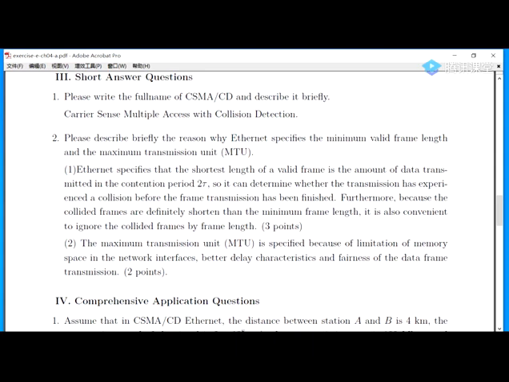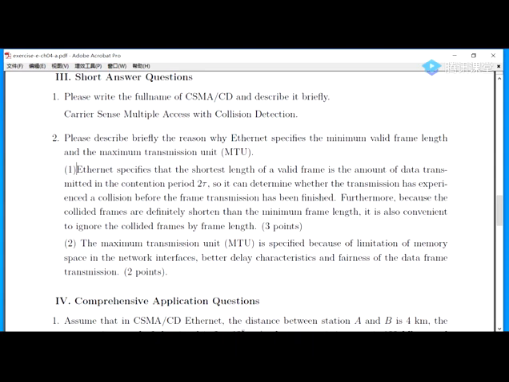Furthermore, because the collided frames are definitely shorter than the minimum frame length, it is also convenient for the receiver to ignore the collided frames by frame length. So it makes it easy for the receiver to drop the collided frames, simply depending on frame length.